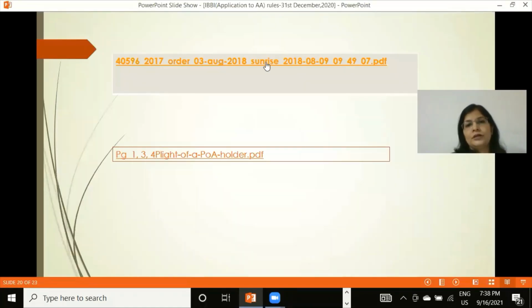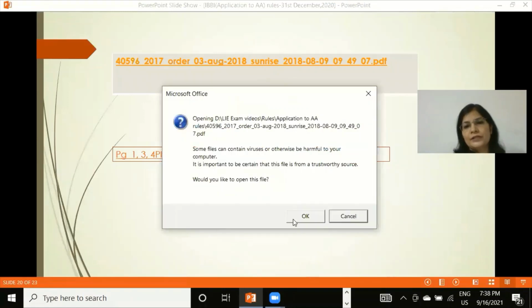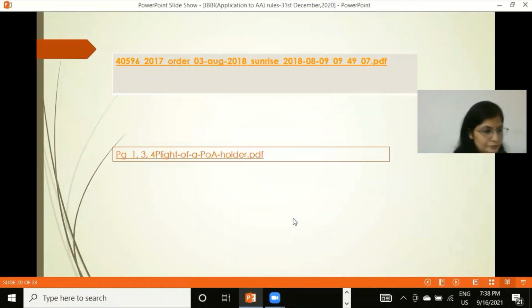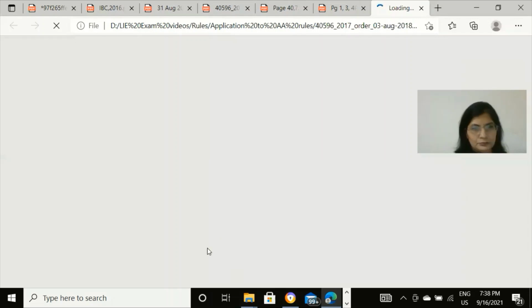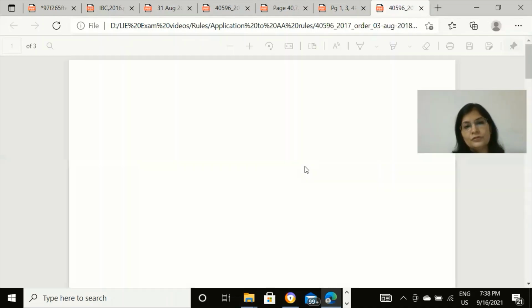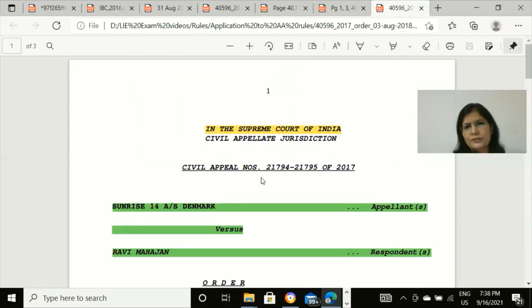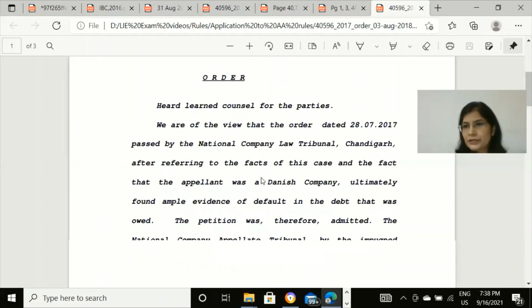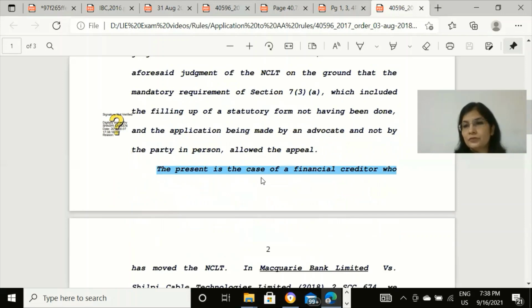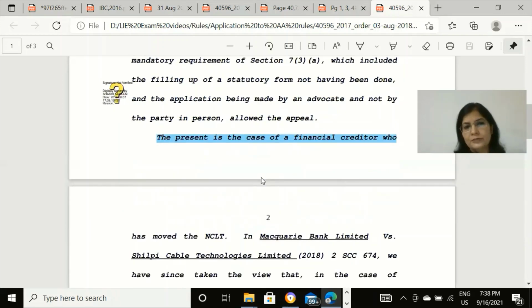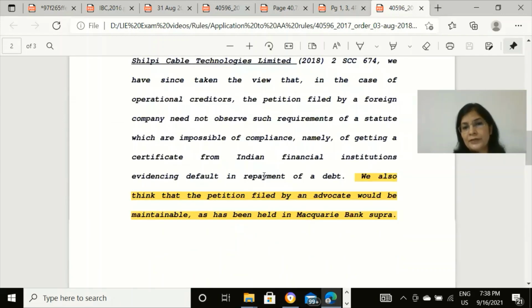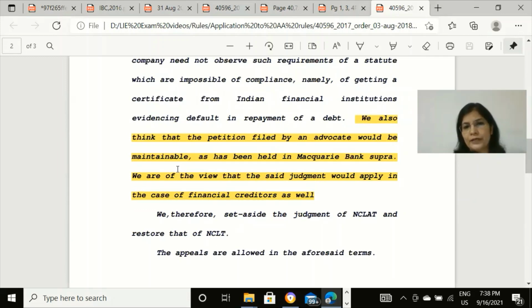Now, on the basis of this, there was another case law, Sunrise. If we go through the Sunrise case, the same thing was held by the Supreme Court in the case of a financial creditor also. Reference was given to Macquarie Bank Limited versus Shilpi Technologies Limited, that the petition filed by an advocate would be maintainable, as has been held in Macquarie Bank.